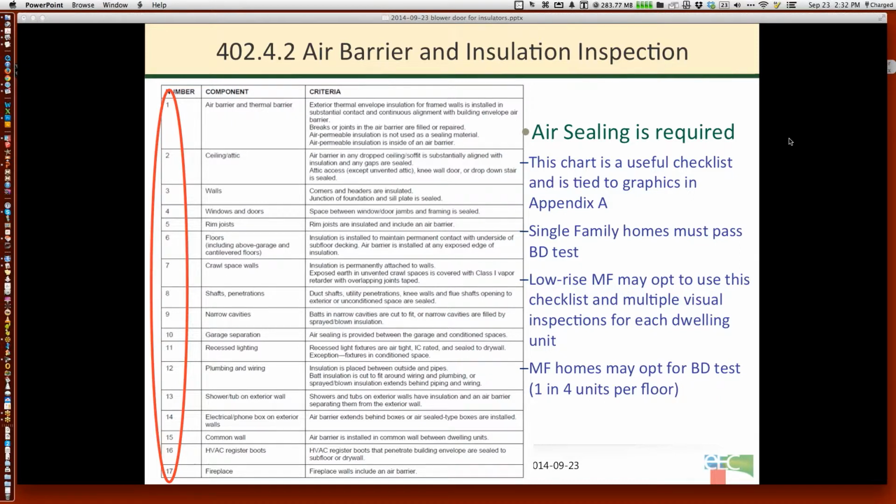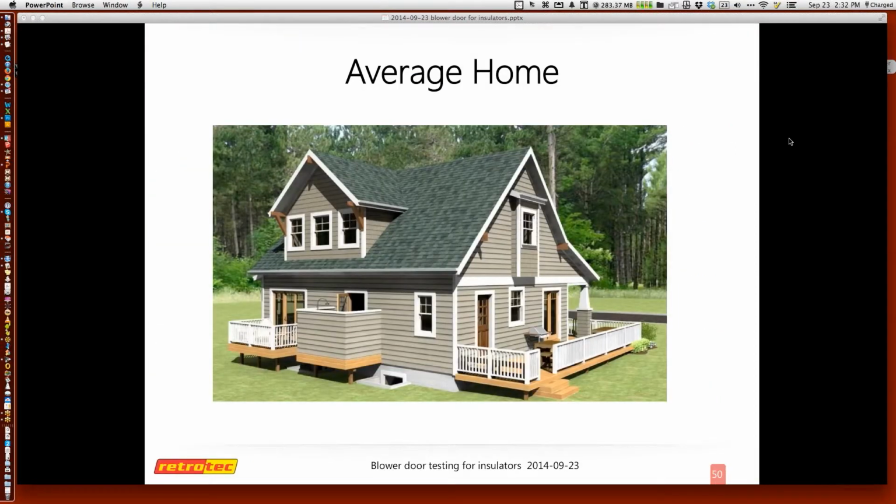So these numbers here are all associated with a certain area. And we build these houses, and they're nice walls. We have all these things we're putting into them, and then we go and we cut all these holes in them.